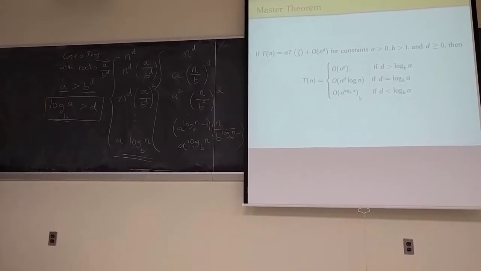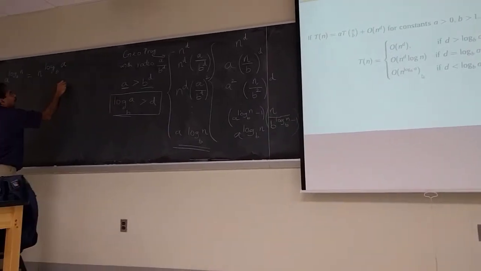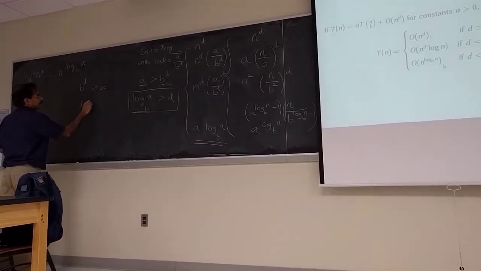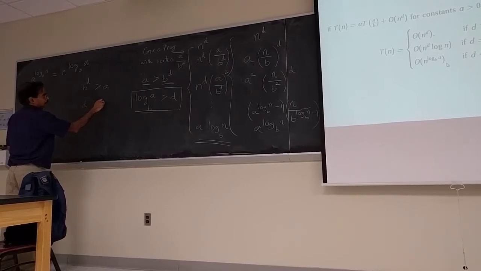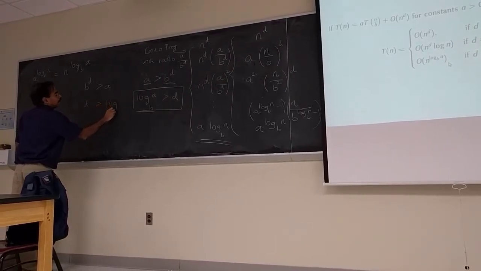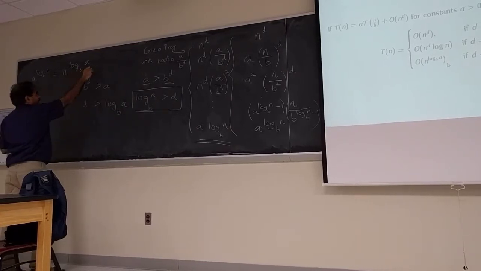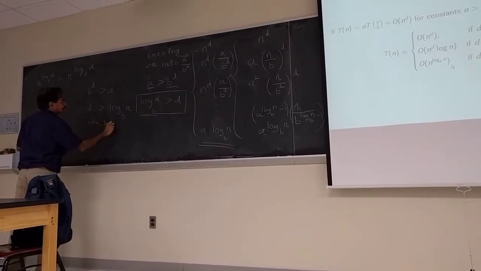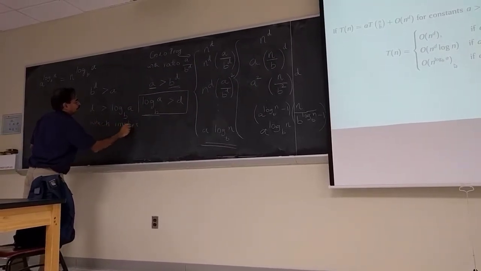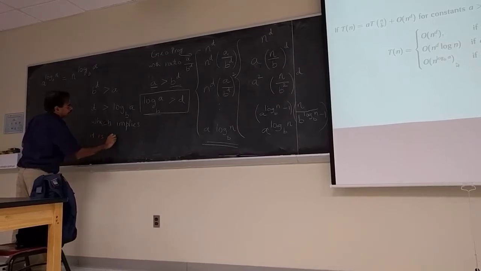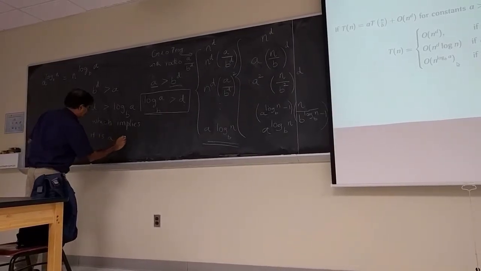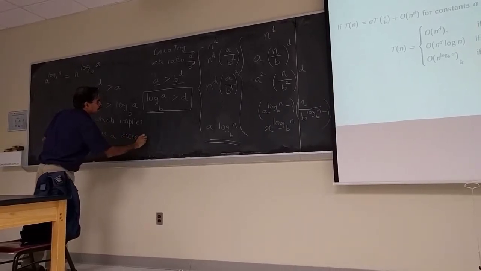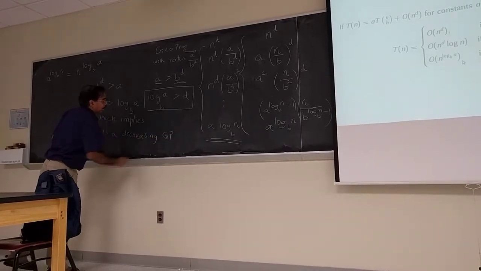Now let's take the other case where b to the power d is greater than a, which means that d is greater than log_b a, which means that it is a decreasing geometric progression, right?